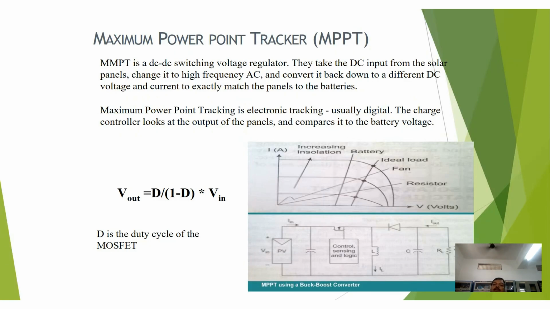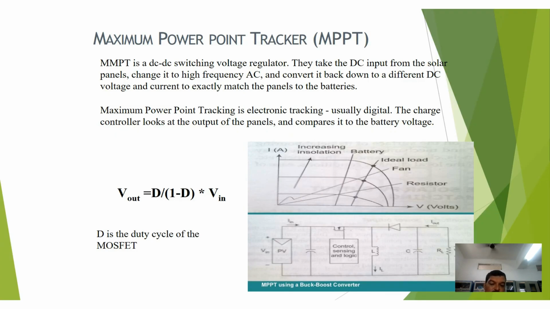So maximum power point tracking is electronic tracking, usually digital, where the output voltage is the product of the input voltage and the duty cycle of the MOSFET, where D is the duty cycle.